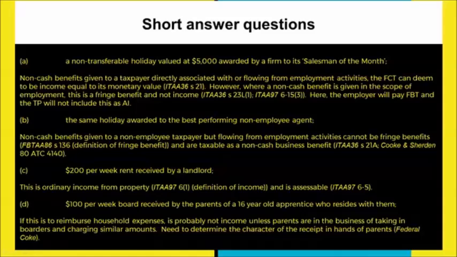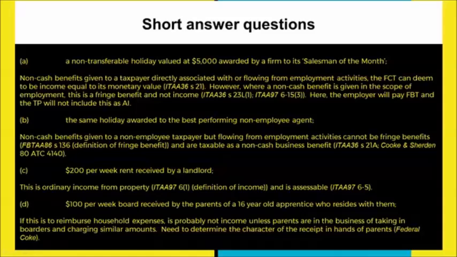This is the Cook and Sheridan, the Toowoomba soft drink seller case. And section 21 capital A of the 1936 Act just deems that to be a non-cash benefit, and the amount that is added to the taxpayer's income is just equal to the value of the holiday.